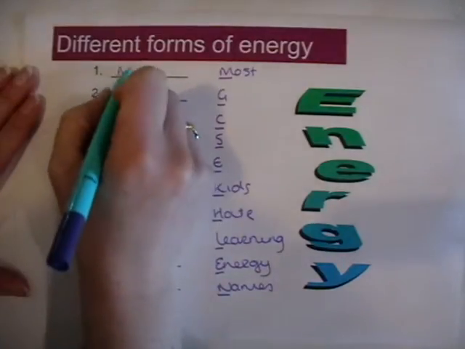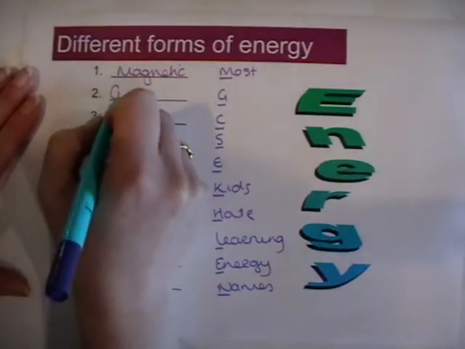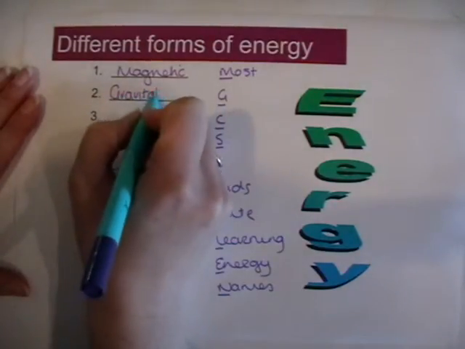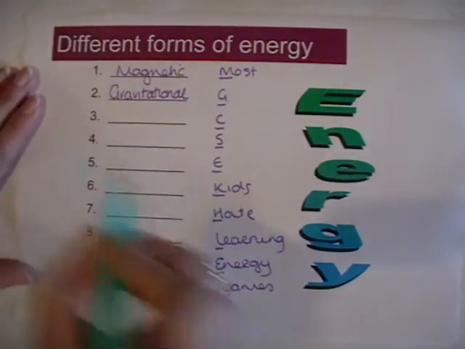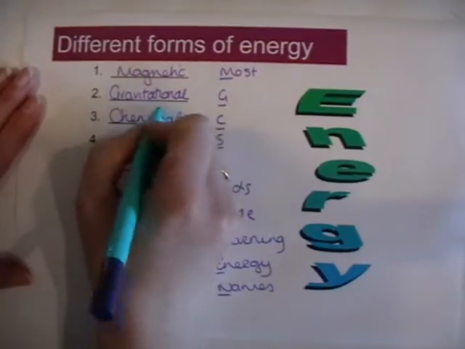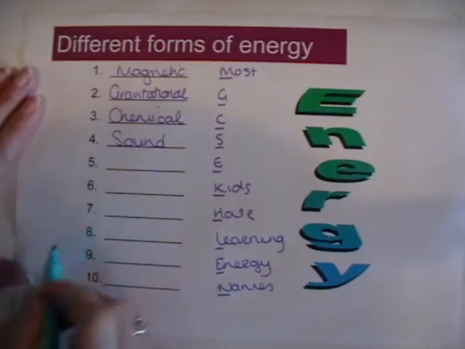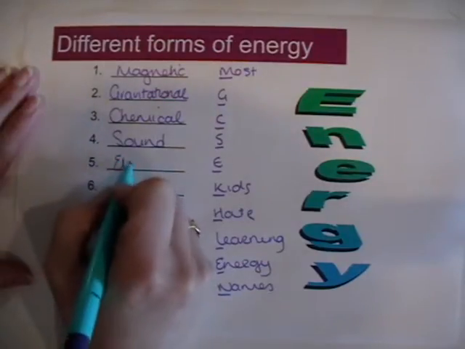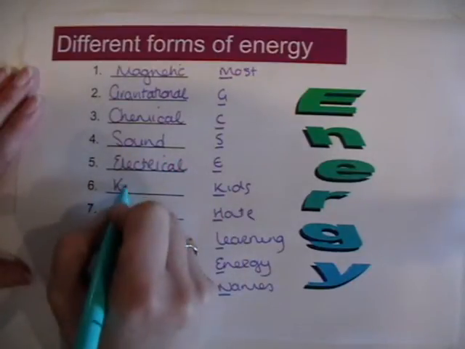M is magnetic. G is gravitational potential. You can fill in potential there. C is for chemical. S is for sound. E is for electrical. K is for kinetic.